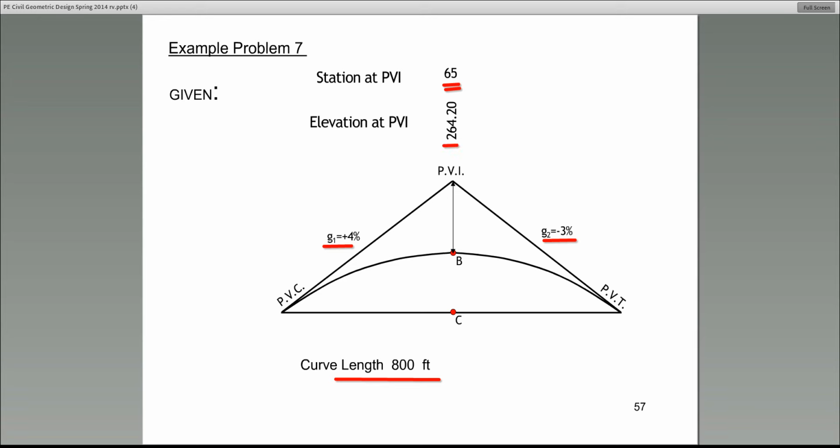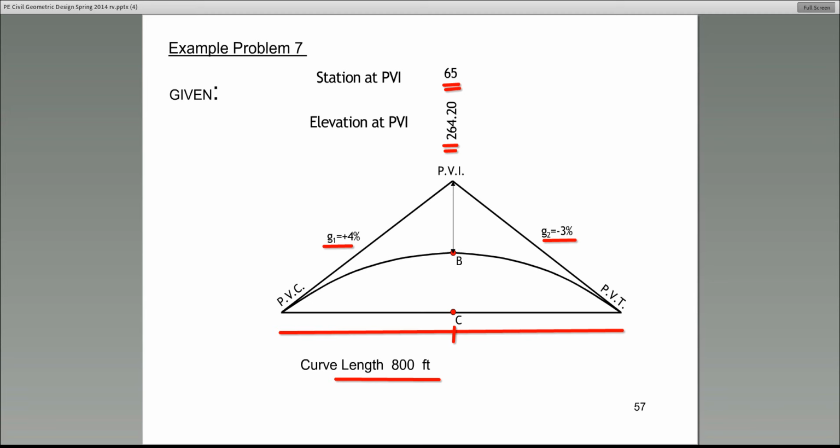So think about what we have. We know the station of the PVI and the elevation at PVI. Let me tell you about the stationing of this. We are going to show the stationing on the horizontal axis. All right, so station 65 is here. The stationing is done on the horizontal plane.